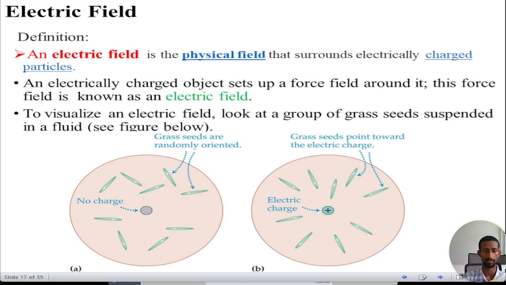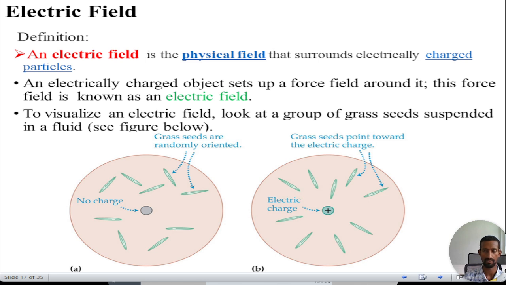What is electric field? By definition, an electric field is a physical field that surrounds electrically charged particles. As we have already discussed in the previous class, charged objects may be attracted or repelled to each other depending on the sign of their charge.